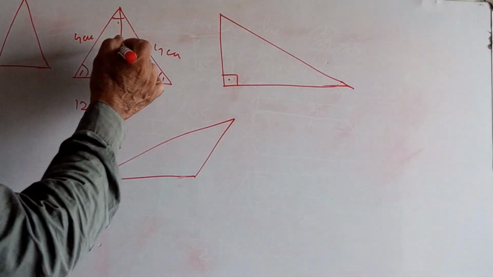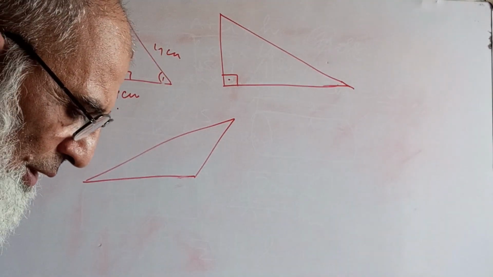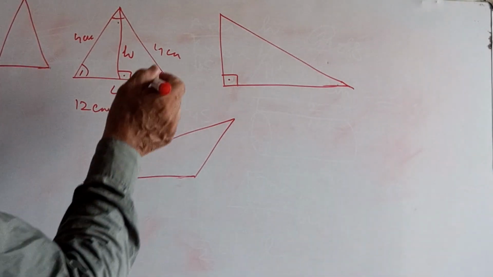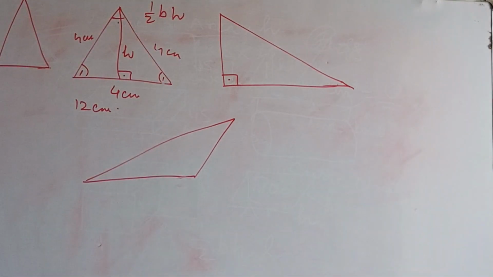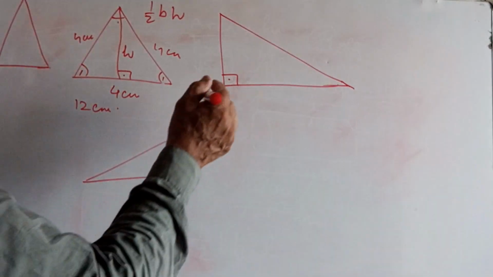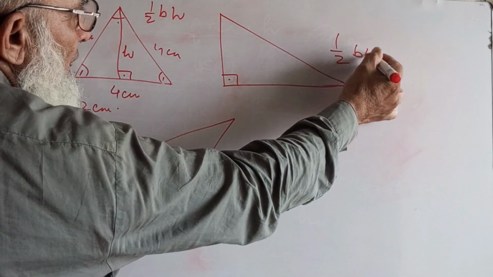This will be called H. So the area will be, as I told you, half base into height. Now similarly, all the three triangles will have half base into height. This will also have half base into height.